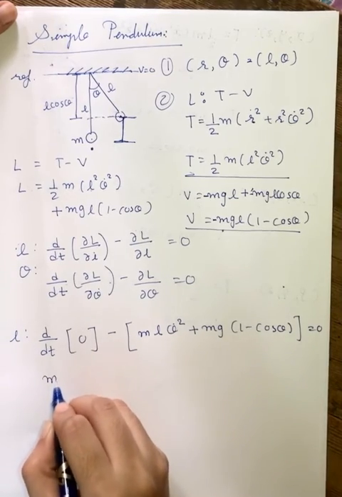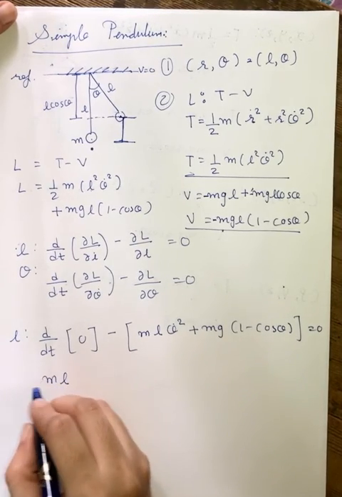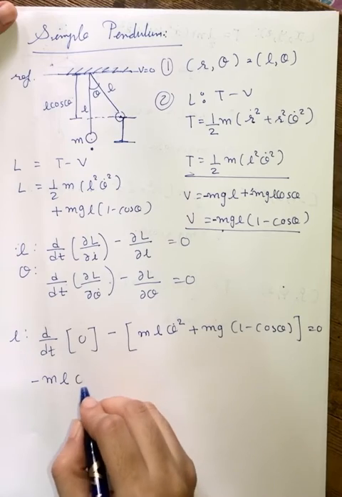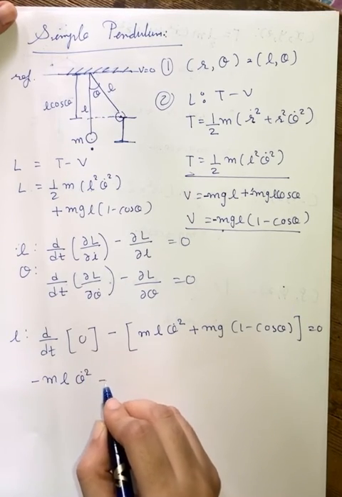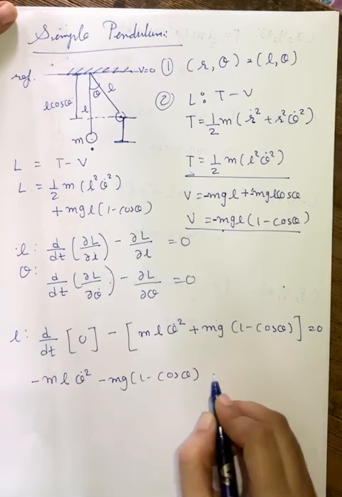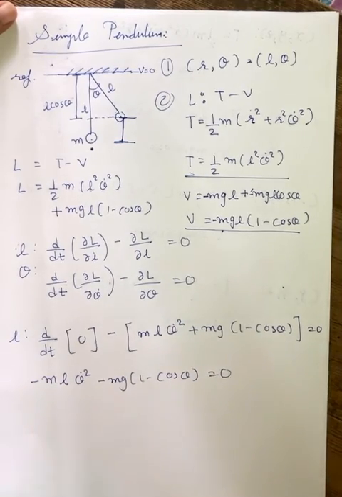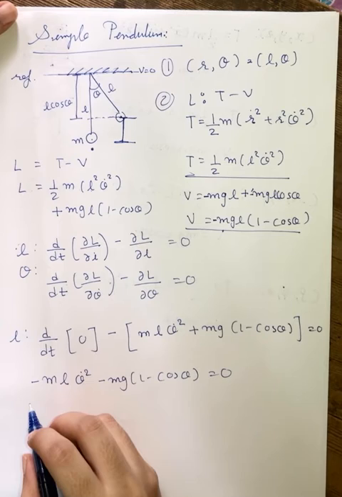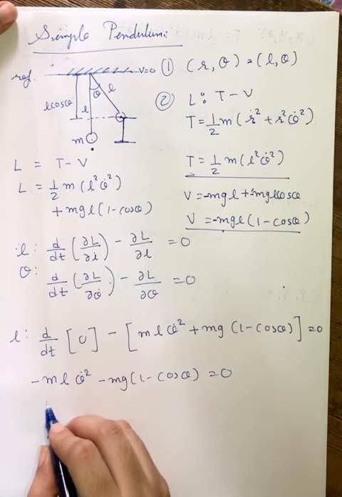So this is minus ml theta dot square minus mg (1 minus cos theta) equals 0.